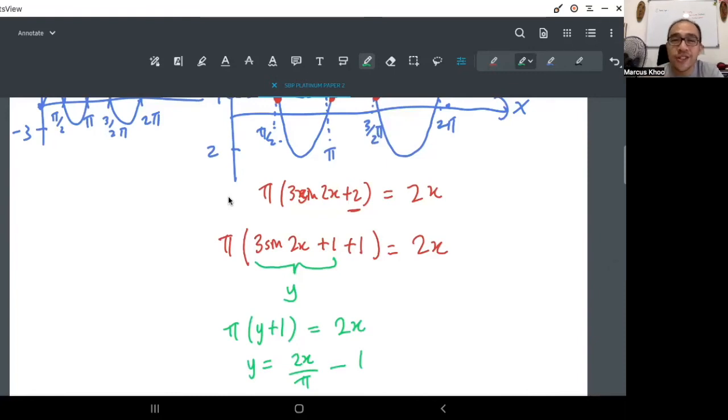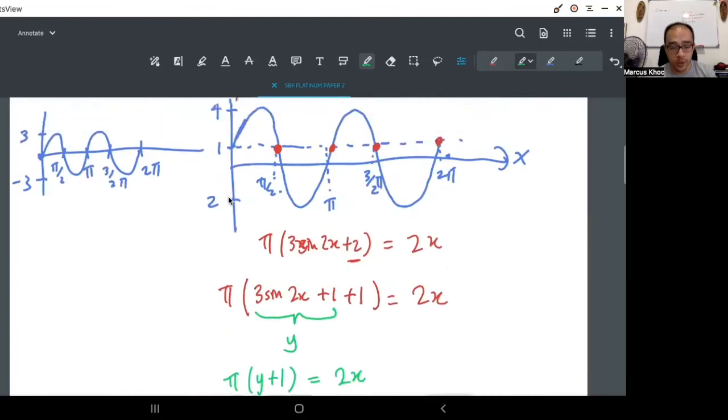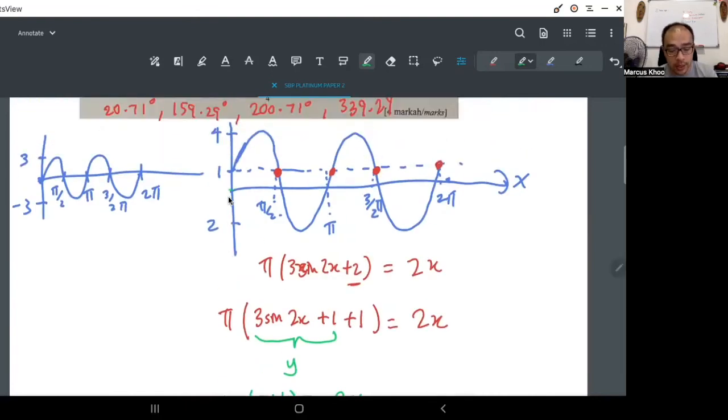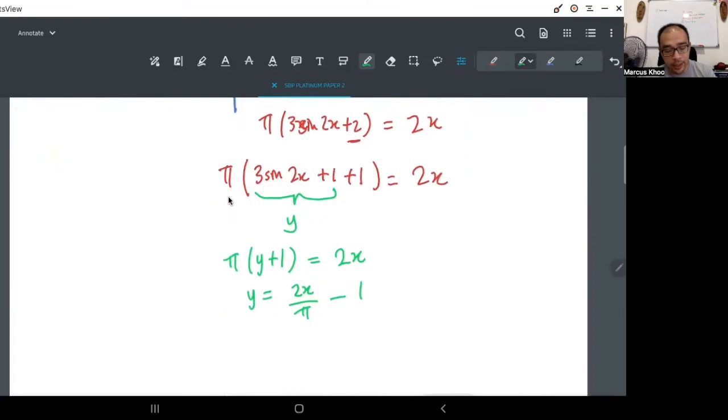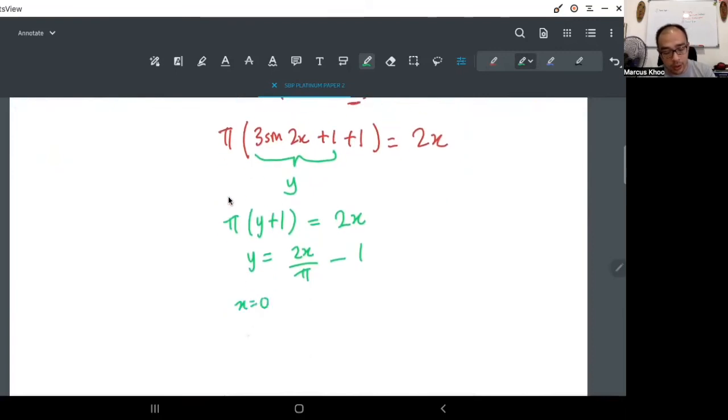Okay, so this requires a little bit of skill. y equals 2x over pi minus 1. So when we do this one, we take the smallest one, x equals 0, and x equals 2 pi. When x equals 0, y equals negative 1.